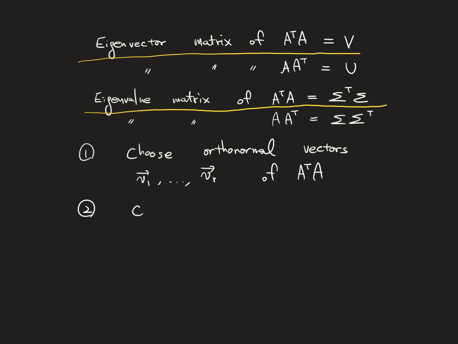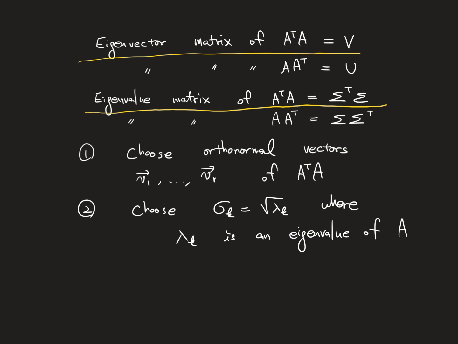And then after that, choose the singular value, which will be the square root of lambda k, where lambda k is an eigenvalue of A transpose A.